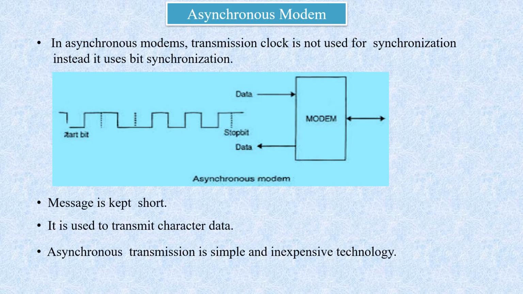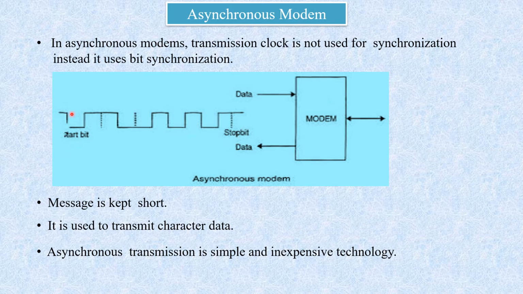Asynchronous modem. Asynchronous, by the name, it is not synchronous with the clock of the computer. So in asynchronous modem, the transmission clock is not used for synchronization. Instead, it uses bit synchronization. So asynchronous modem can handle the data bytes with start bit and stop bit.